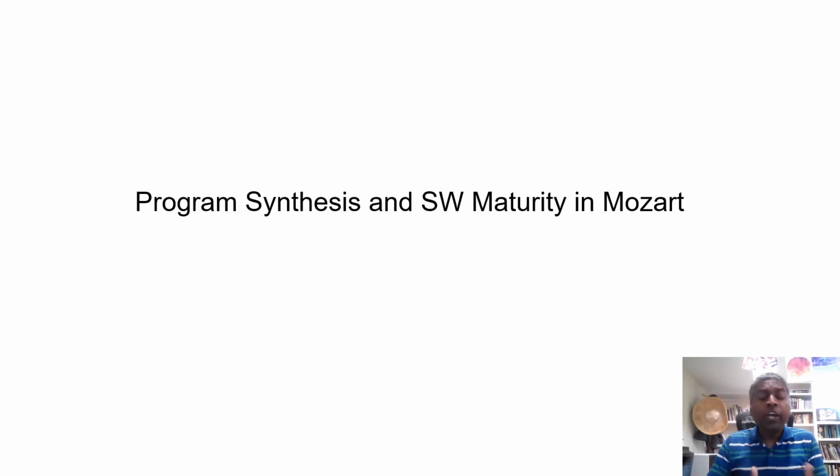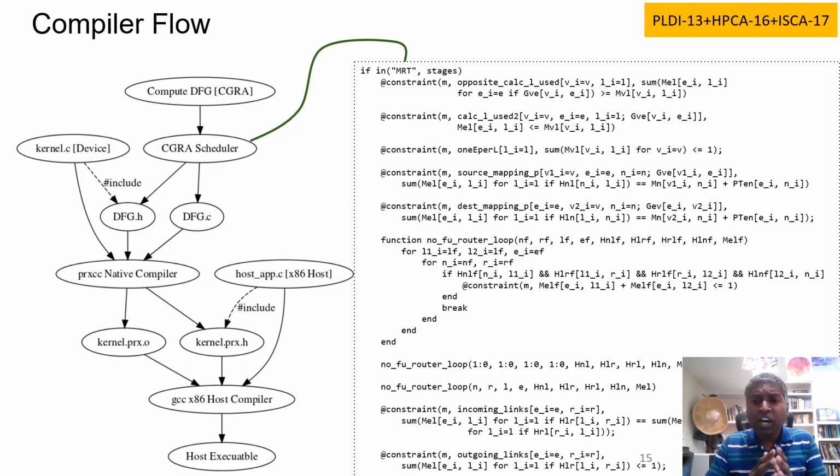So how are we able to achieve software maturity? And a key to this is the role of the compiler and how we automate the creation of the software stack. So the way this is done, this is our compiler flow, and I'll walk through the pieces of this. We start with a compiler that takes these behaviors, and as I said, one of the behaviors is the CGRA, the other is the stream engines, and that goes into the scheduler that's shown here.